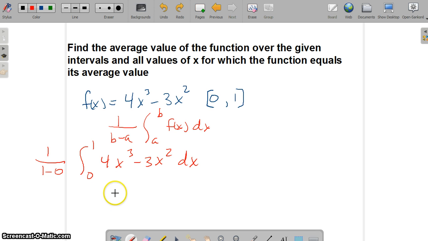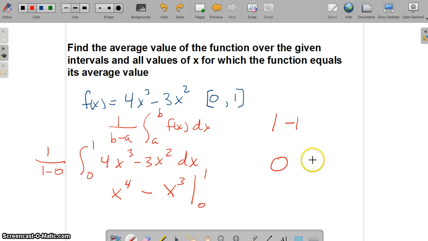This is going to end up being x to the 4th, add 1 to the exponent and divide by 4, and those will cancel. This is going to end up being x to the 3rd, if you add 1, divide by 3, and we're going to go from 1 to 0. So if I do 1 minus 1, that's going to give me 0.